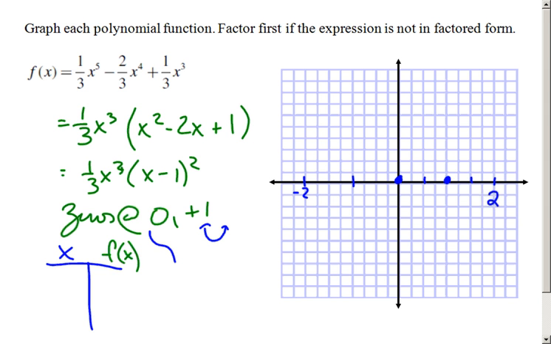So, pick negative 1. In that case, it's going to be 1/3 times negative 1 cubed times negative 2 squared. So that's going to be what? Negative 1, negative 1/3, negative 4/3. Pick like 1/2, so I have a good one in between.